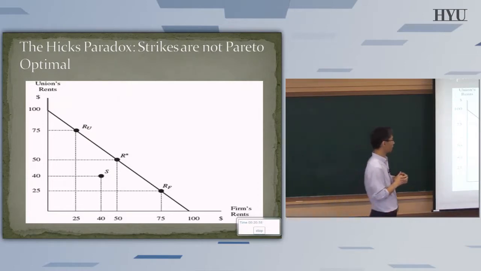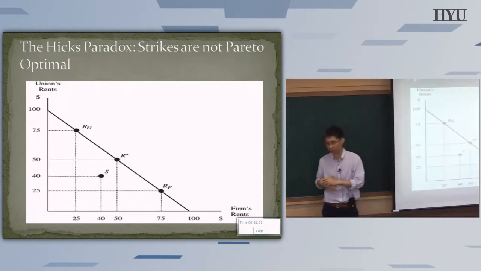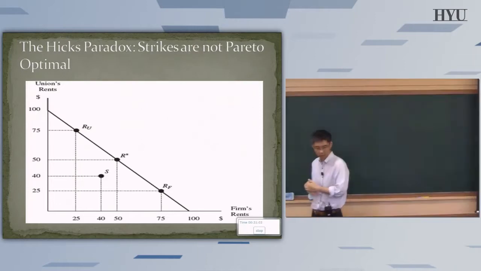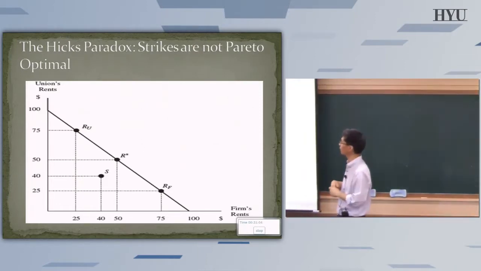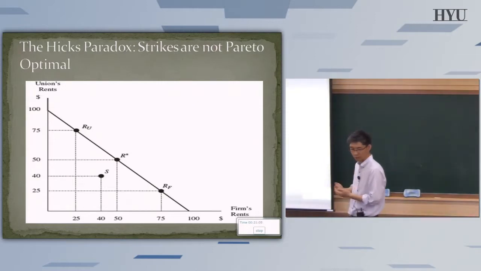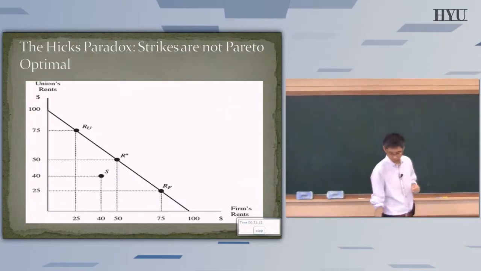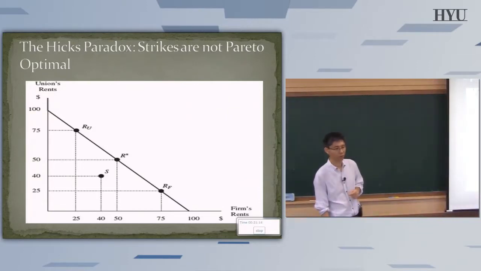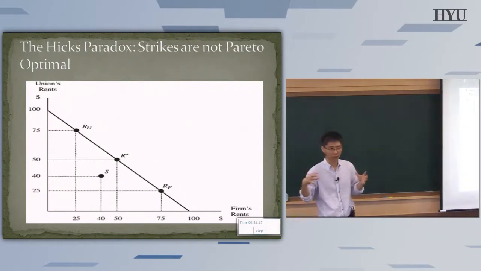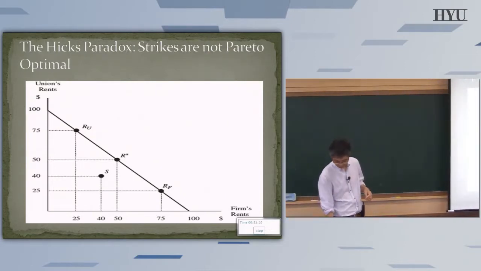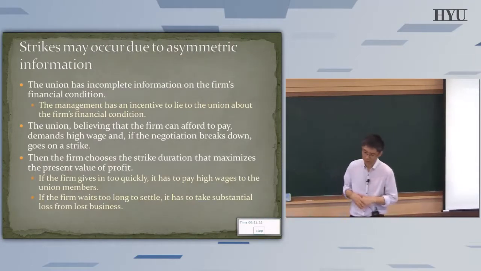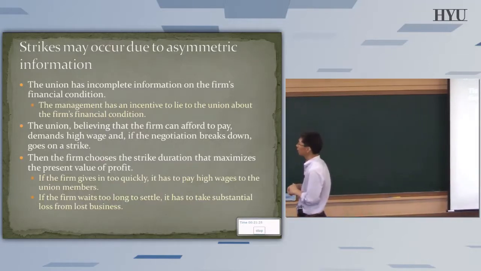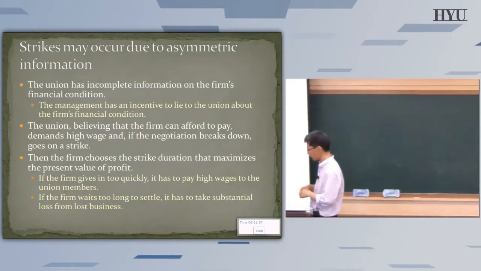So that is called the Hicks paradox. Hicks is a famous, old economist. He points out that strike activity seems counterintuitive, because they are shrinking the pie themselves. Then why do strikes happen?